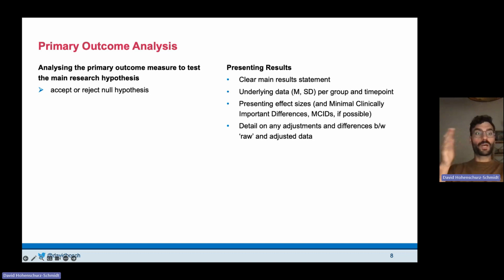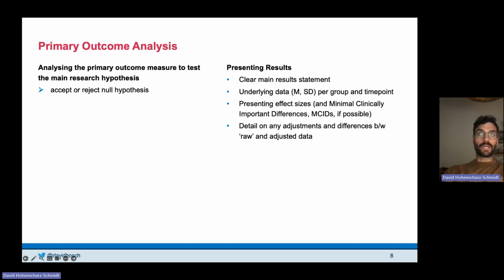You also want to be able to find the underlying data, the means and standard deviations for each group and for the time points that went into this analysis. Ideally, authors not just report statistically significant differences, they also quantify that as an effect size. So how big is that effect?